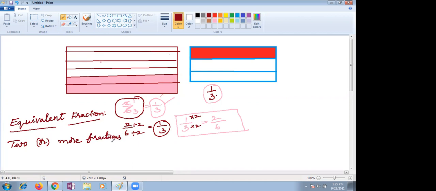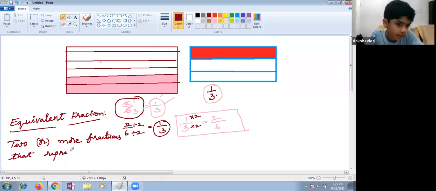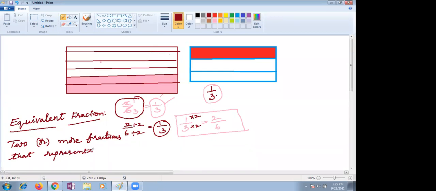Two or more fractions that represent the same value, then we call them equivalent fractions.